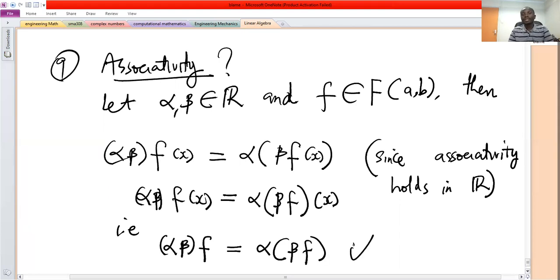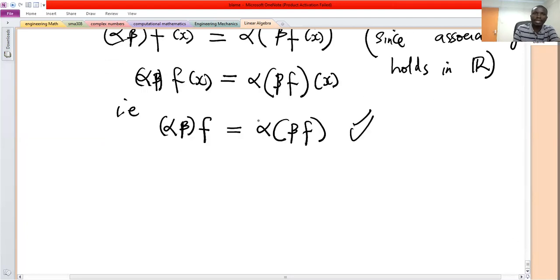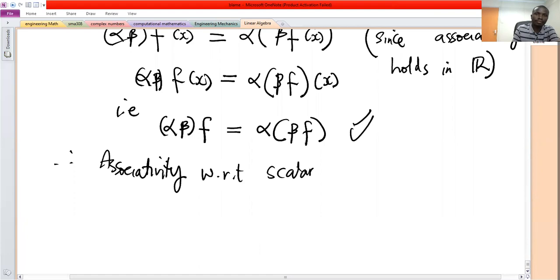And this is the property that you wanted to show, that you can always have associativity with this scalar multiplication. So therefore, associativity with respect to scalar multiplication holds on this set F.